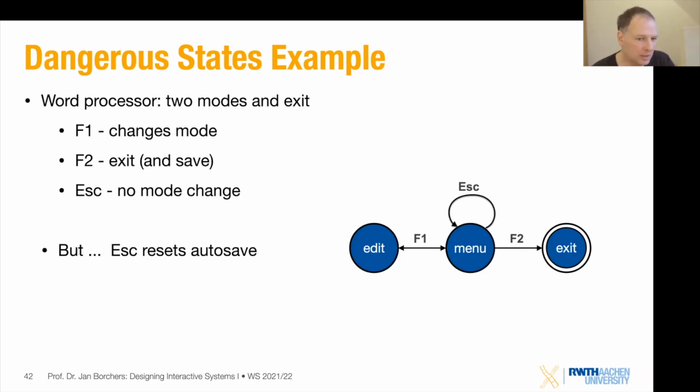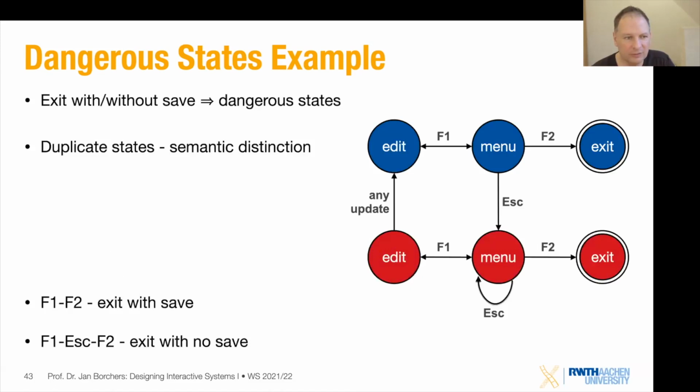Now, first of all, this can lead to dangerous states. Why? Because if I were to exit without saving, I lose changes. And if that's intended, great. But if that's unintended, not so great, right?